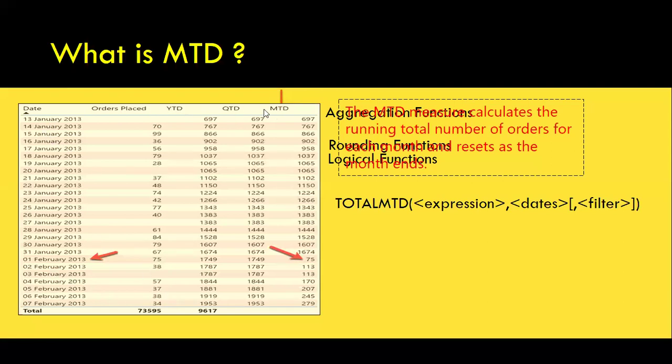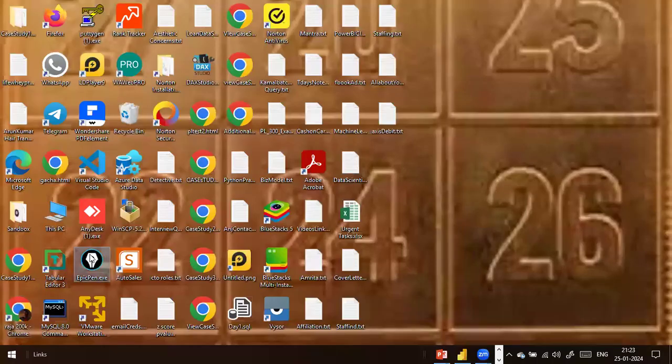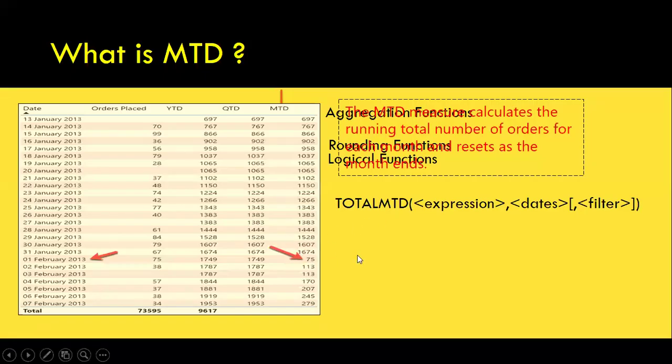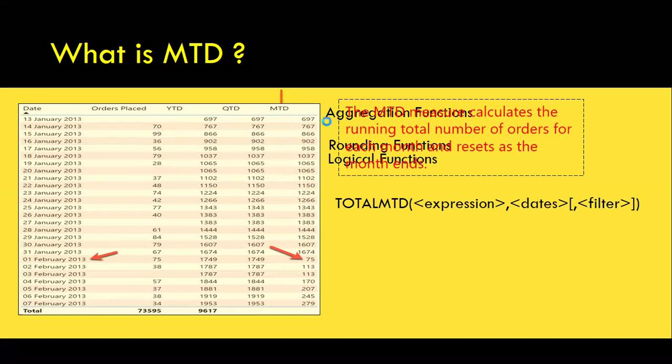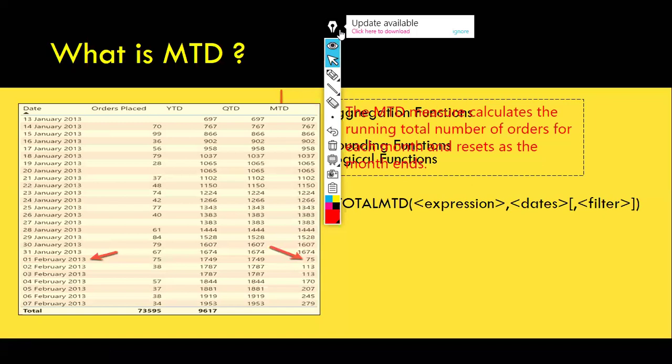And if you look at the month to date here, at the beginning of every month, the total value will get reset. If you see here, 70 plus 99 will get added. So let's say 697 was the previous dates' value.